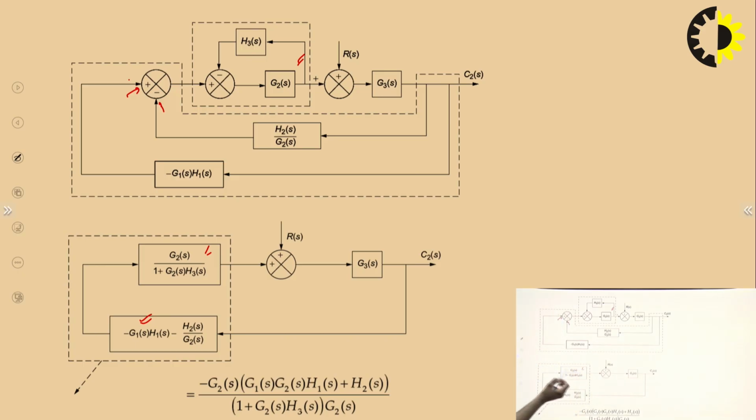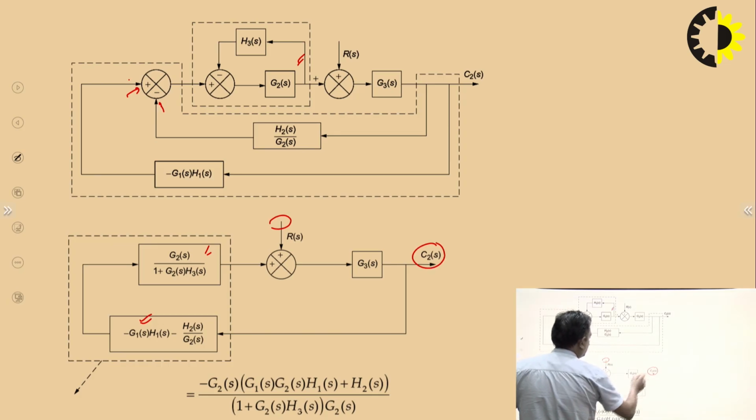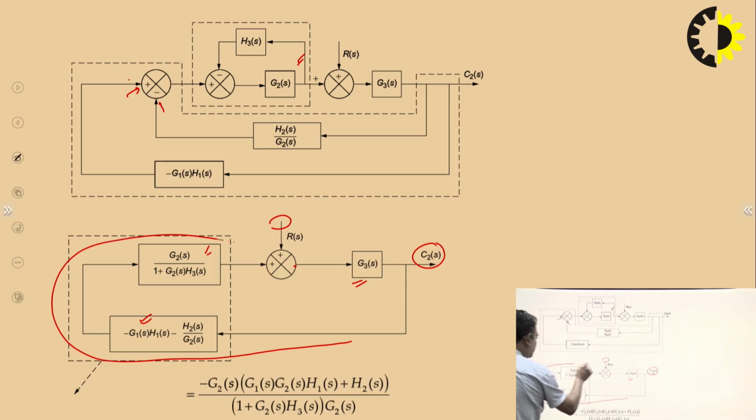Now here you can see simply how we will solve it. You can see here we are providing the input and getting the output over here. Okay. So this is the forward path gain, and what about the feedback path? We are moving in this direction. This whole becomes the feedback path, and you can see this block and this block come in cascade. Okay. So you will get this multiplied. So you can see this multiplied by this, and this is the feedback.